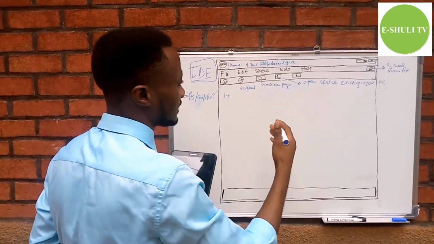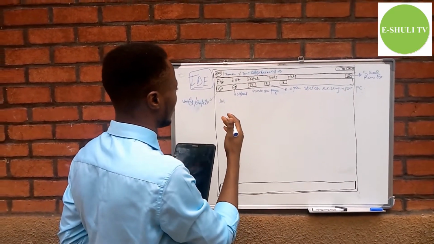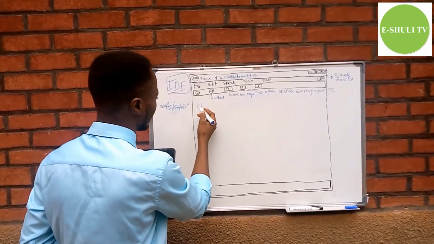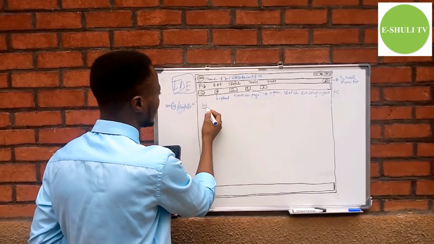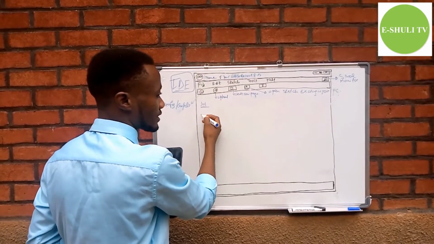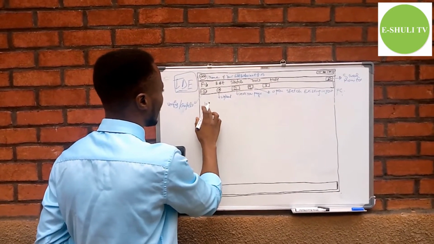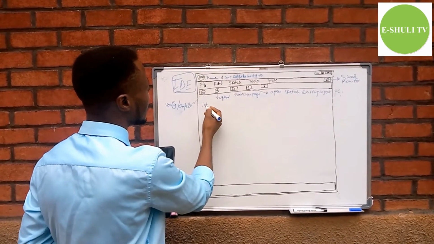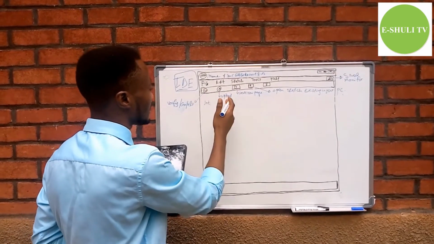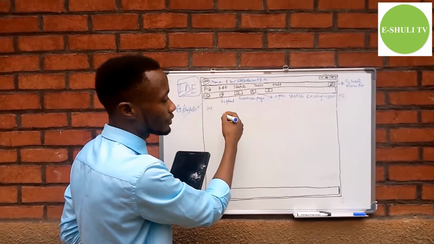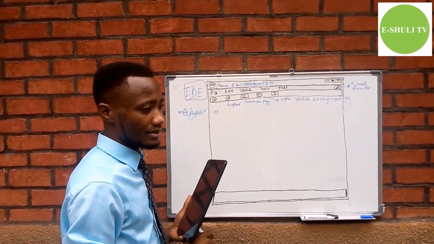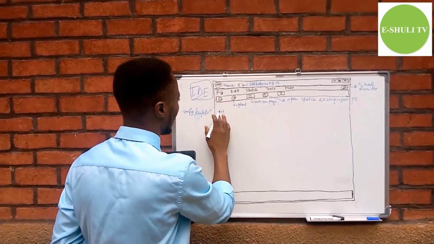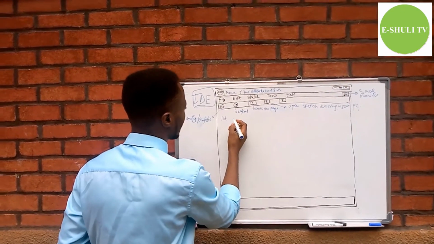This means integers. We have two main types, integers and floats. Integers are whole numbers, while floats are numbers which have fractions. Then we are going to use integers.